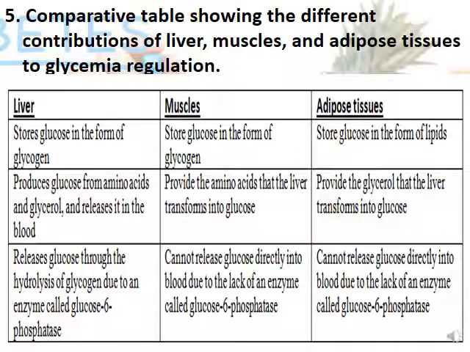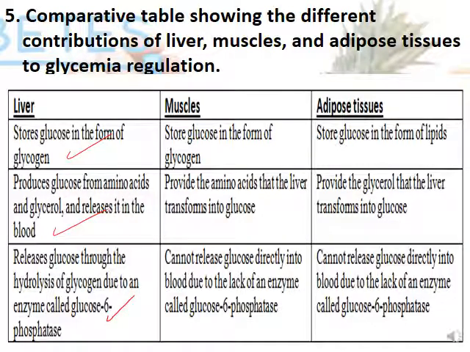This table is showing the different contributions of liver, muscles, and adipose tissues to glycemia regulation. The liver stores the glucose in the form of glycogen, produces glucose from amino acids and glycerol, and releases it in the blood. Releases glucose through the hydrolysis of glycogen due to an enzyme called glucose 6-phosphatase.